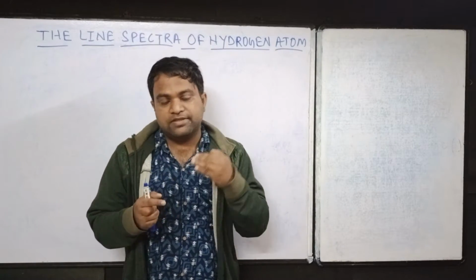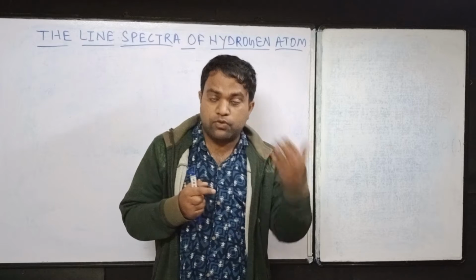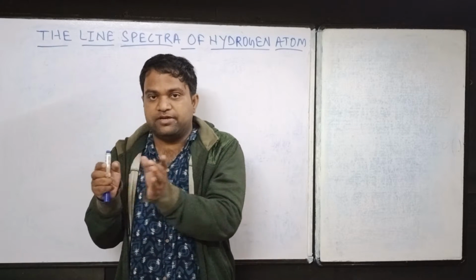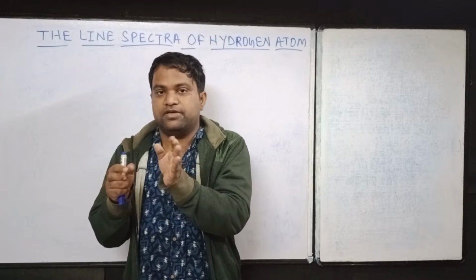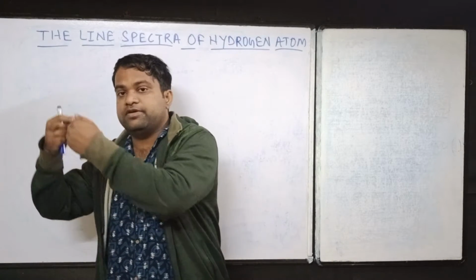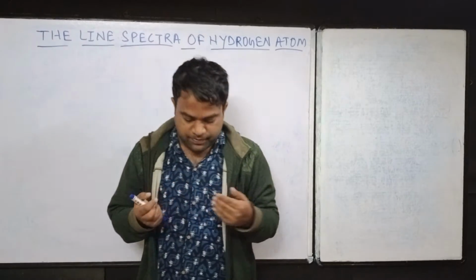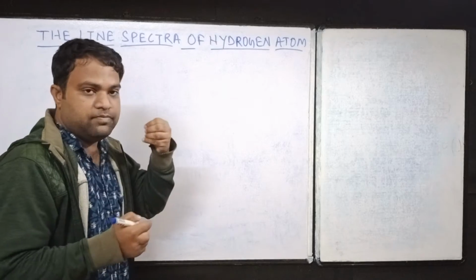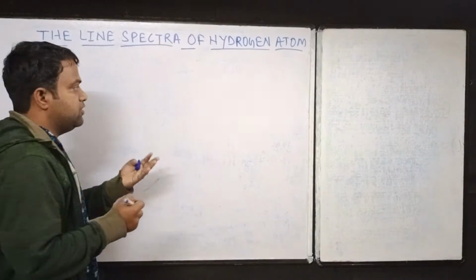The important thing from Bohr's model is that the energy is discrete. That means for different radii there was a different energy associated with it, and we have calculated it for the hydrogen atom.